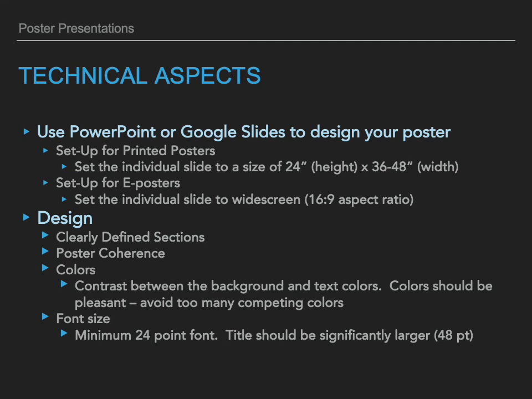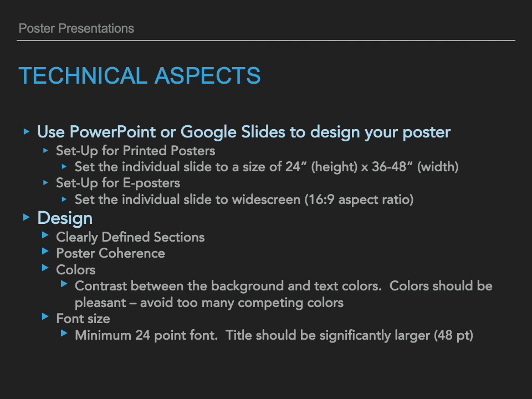Colors are really important on a poster. The colors make it more engaging to the audience. But there needs to be a contrast between the background and the text colors. You do not want a dark blue background with black text. It will be really hard to read.